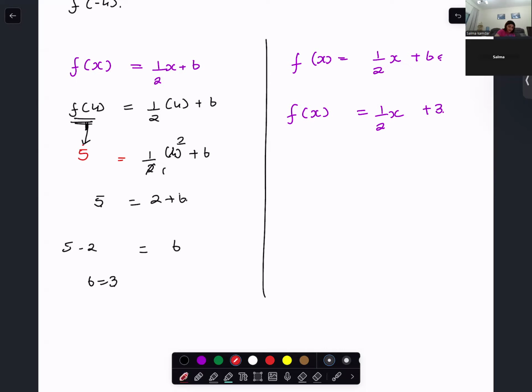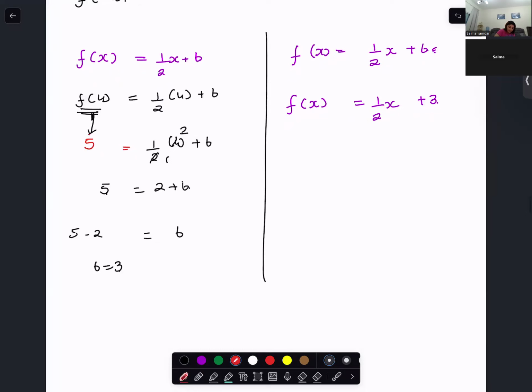Now what I want to find is the value of this function when x is -4. So I will replace all the x by -4, and I get the value of the function. So it becomes -2 plus 3. So when x is -4, the value of my function is 1.